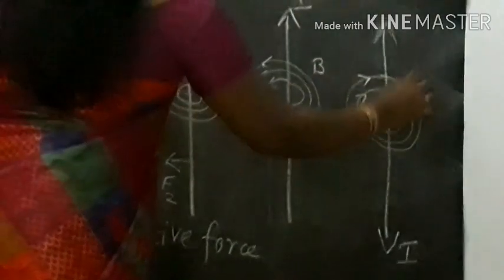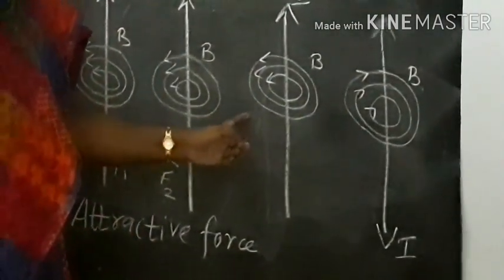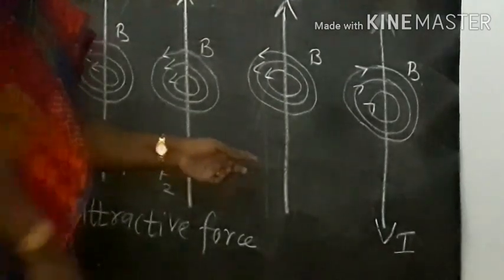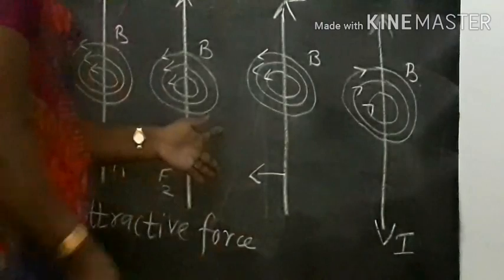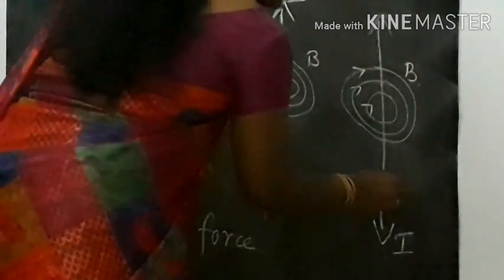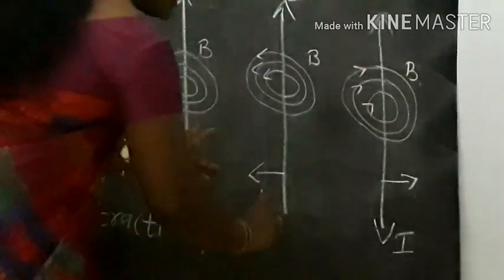Now because of this magnetic field, there will be a force created in the opposite direction, not towards, but outwards. It is F1, F2.